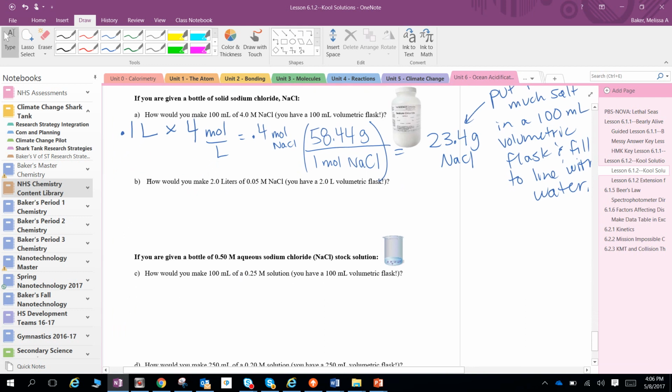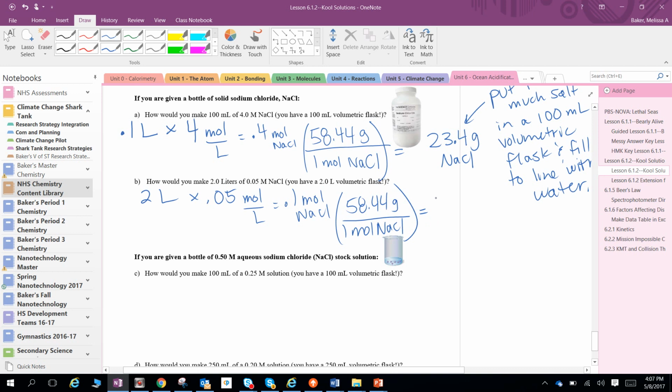Number 2, this time we want to make 2 liters of a 0.05 mole per liter solution. So how many moles do we need? We need 0.1 moles of NaCl. Just like last time, we've got to figure out how much in grams that is. 0.1 moles times 58.44 comes out to about 5.8 grams of NaCl.